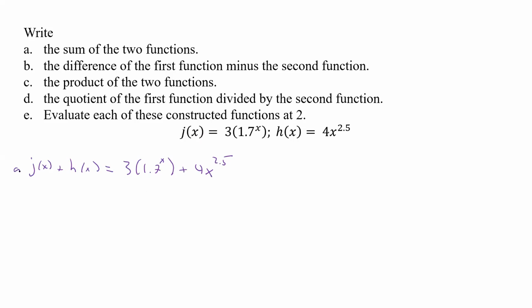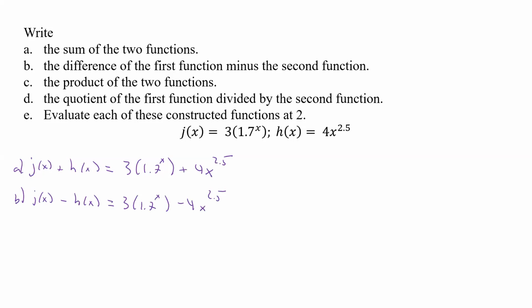That's all we can do for A. B, the difference. Well, that's just j of x minus h of x, so now we just have a subtraction between them: 3 times 1.7 to the x minus 4x to the 2.5. That's all we can do.